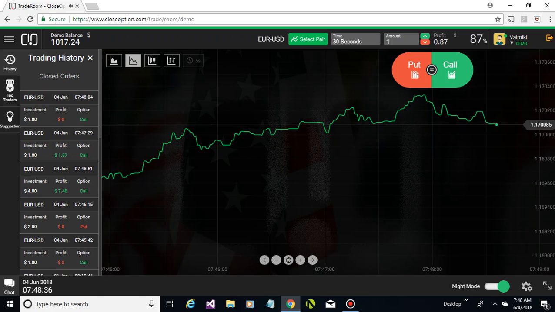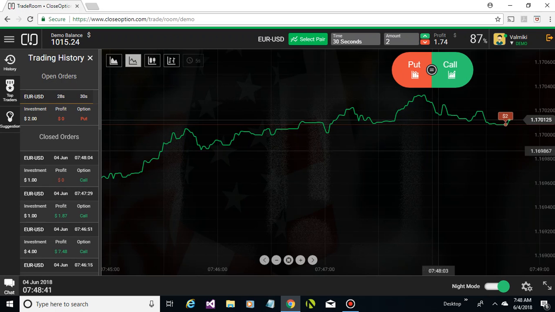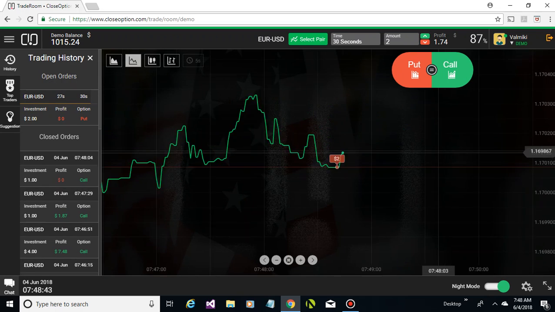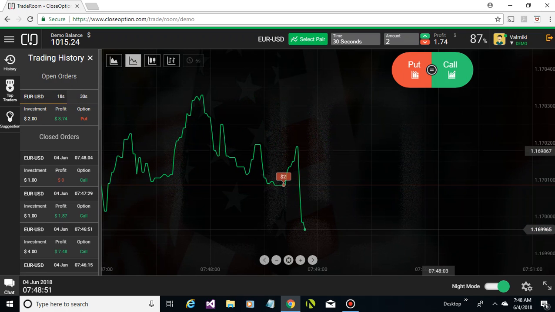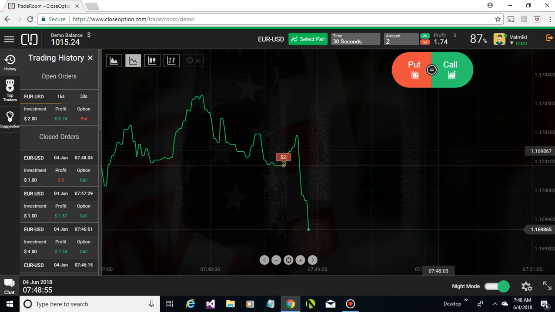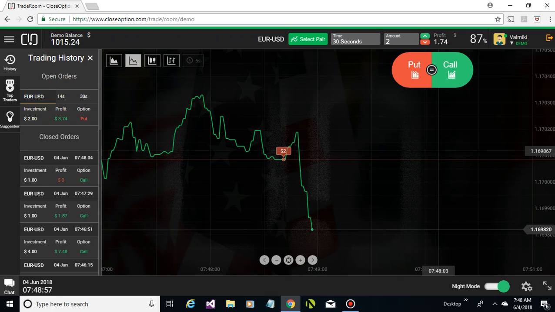In this case, we lost, so we're going to go for a $2 put. You notice that it takes about 1.2, 1.3 seconds for it to actually place the trade after you have clicked on the put or the call.